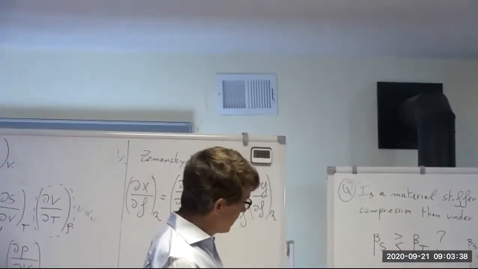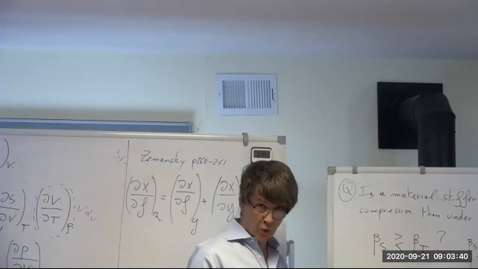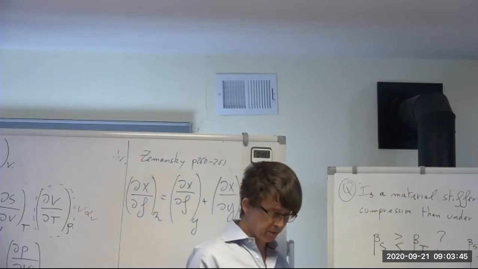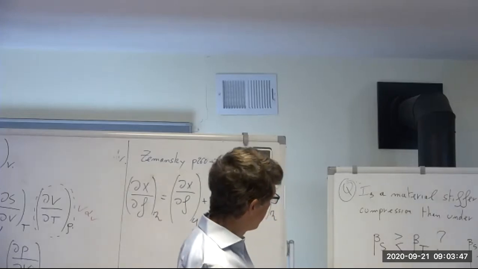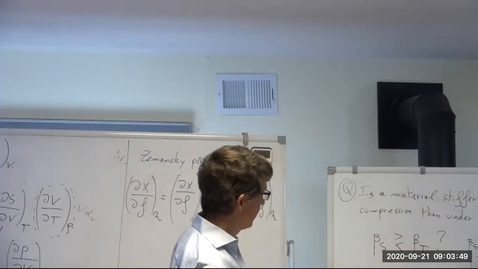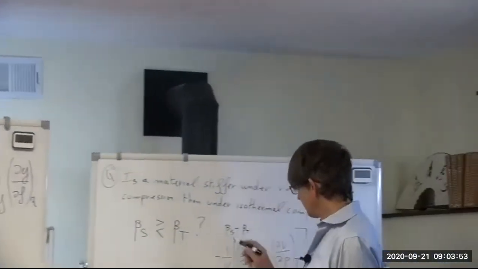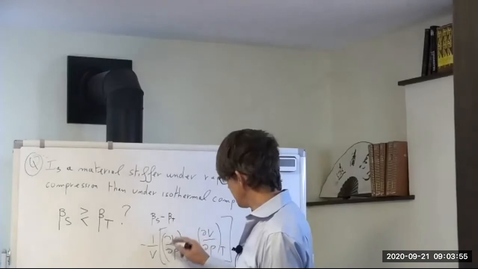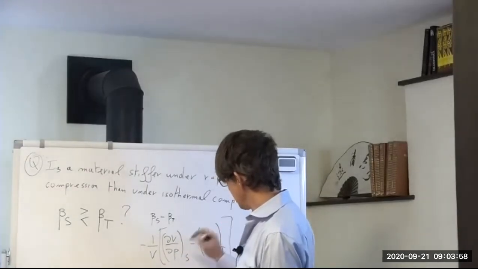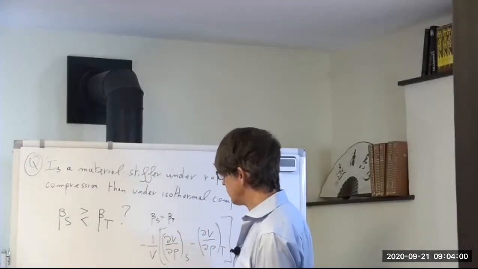So it is less easy to compress a solid. Okay, now I'm confused. It is less easy to compress it adiabatically. Because this is less than that, but there's a negative sign here, so this here is greater than that. That seems to be the opposite.